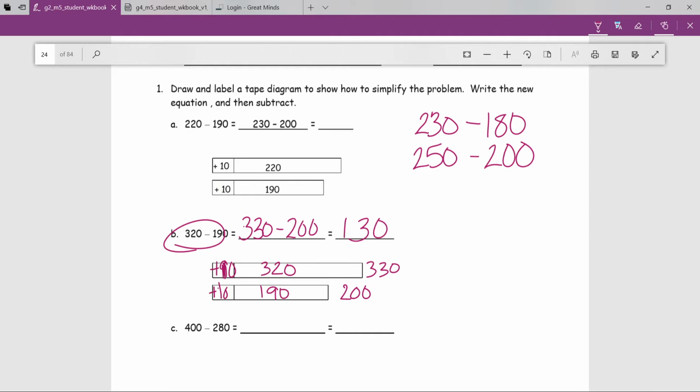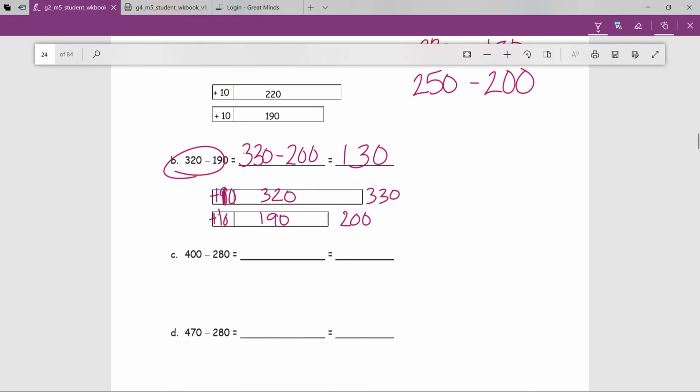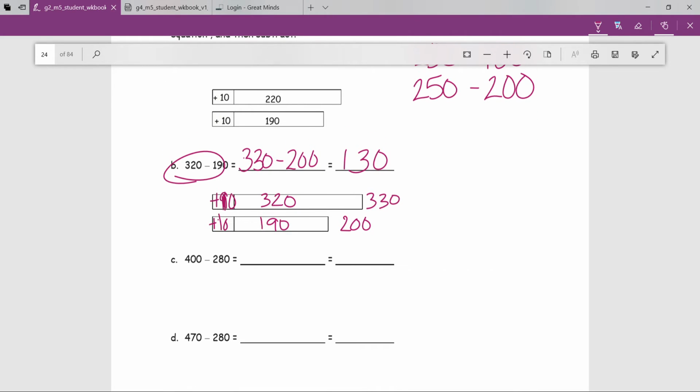So if I look down at my next problem, they didn't draw the tape diagram now. Now you have to draw it yourself. So I'm going to make myself a 400 and a 280. 280 is going to be smaller because it's less.